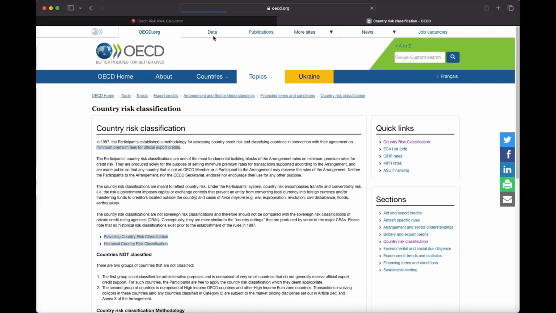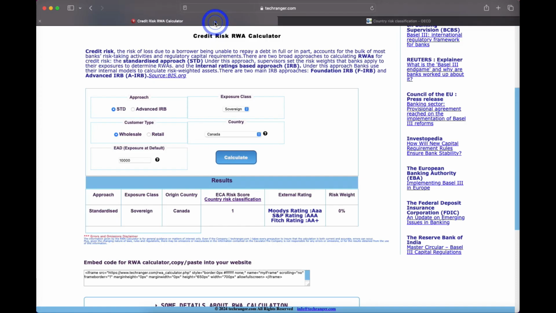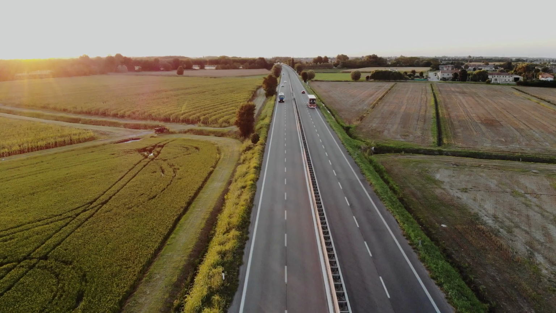The latest ECA score for Canada is AAA under all 3 external rating agencies, Moody's, S&P and Fitch. Therefore, risk weight is 0% in this example.